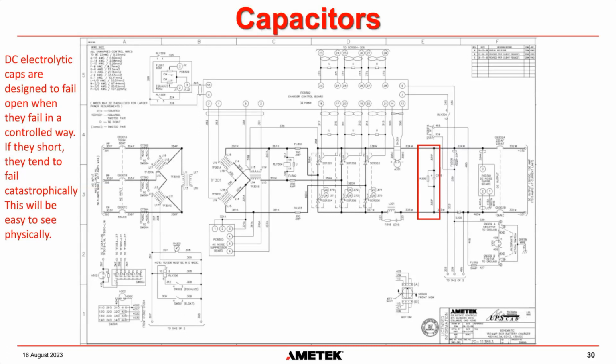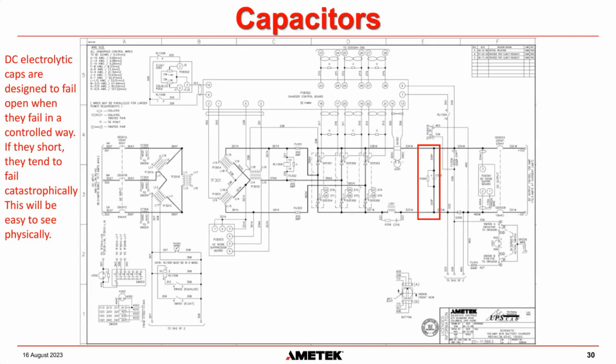And then the last part we're going to talk about is the filtering side. DC electrolytic caps are designed to fail open when they fail in a controlled way. They have a valve on them, and the interior design is that pressure builds up, and if it gets too much, the lid will pop, and that will disconnect the internal of the capacitor from the terminals, and it should fail open.